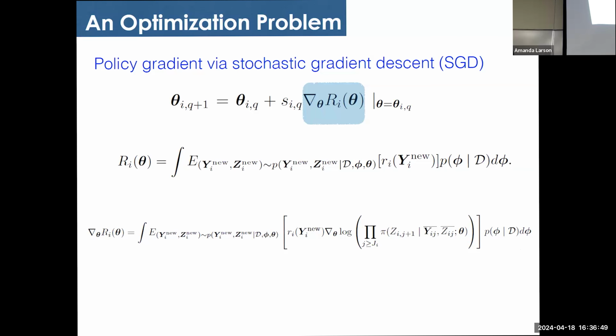But in that project, we used the estimated policy parameter as the initial value of our policy optimization step. We call that imitation learning, so you're learning how physicians treat patients in the data. Using that initial value makes the optimization steps more efficient.